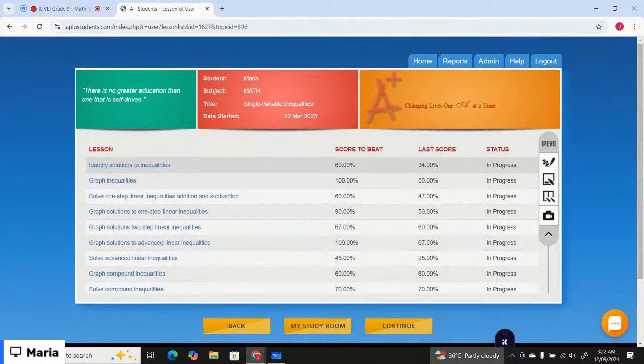The next one is solve one-step linear inequalities, addition and subtraction. Let's just start with the lesson.